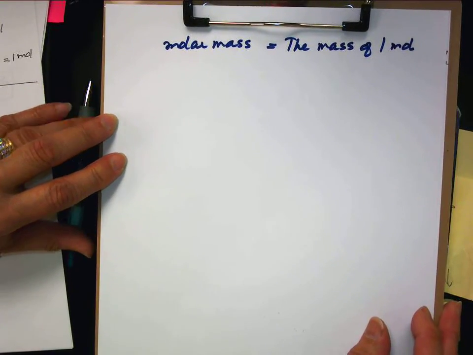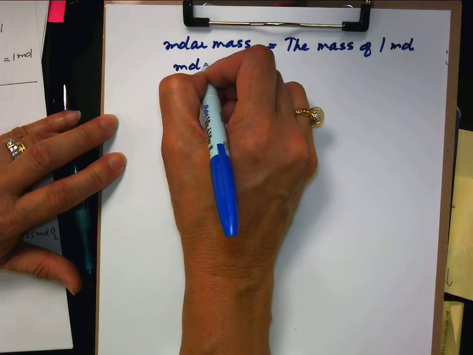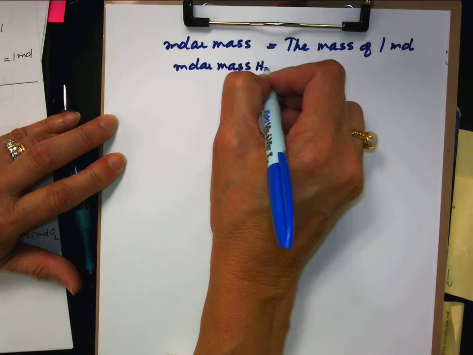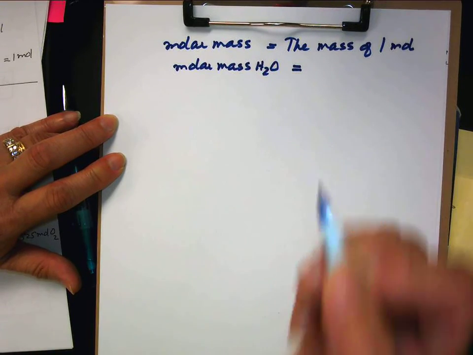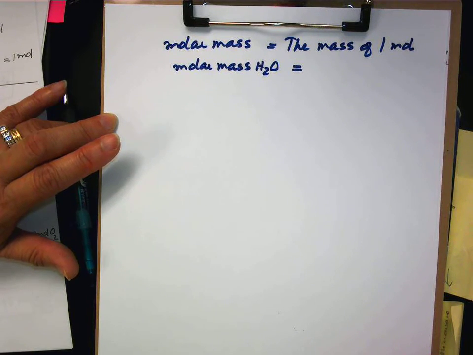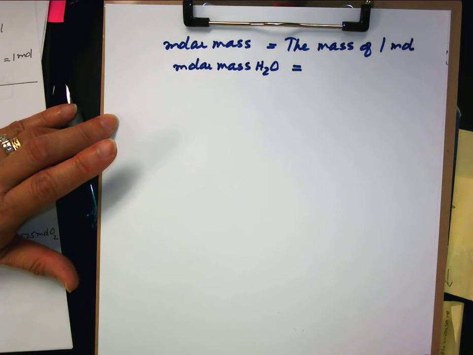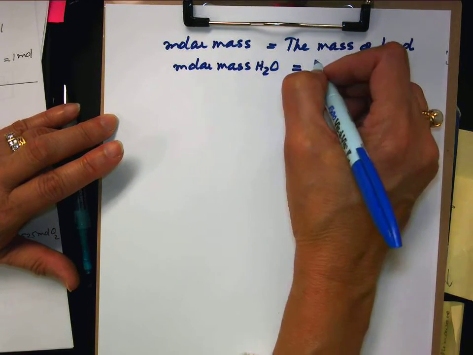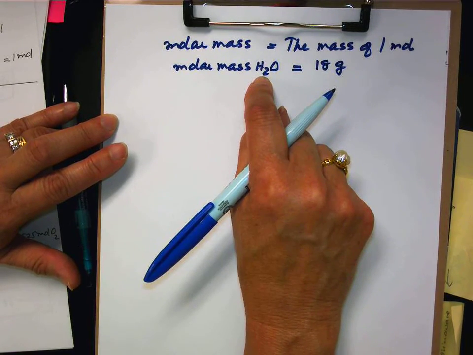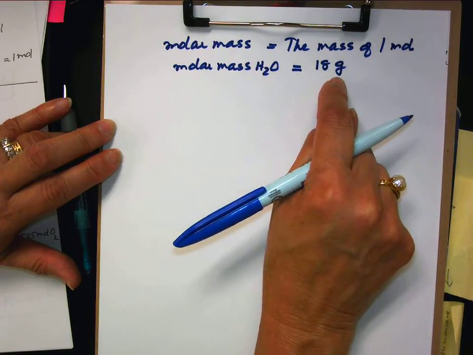All right. So let's see the molar mass of water, H2O. What will be the weight of H2O? 18 grams. How do you get 18 grams? 2 hydrogens is 2, 16 for oxygen, so the total is 18 grams.